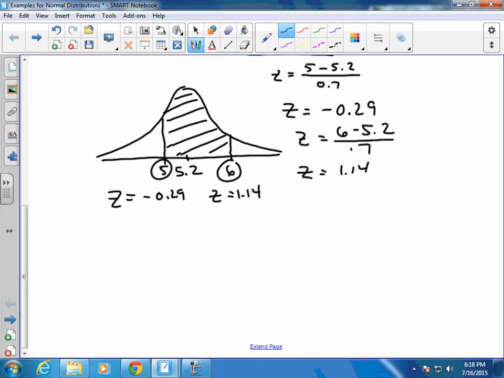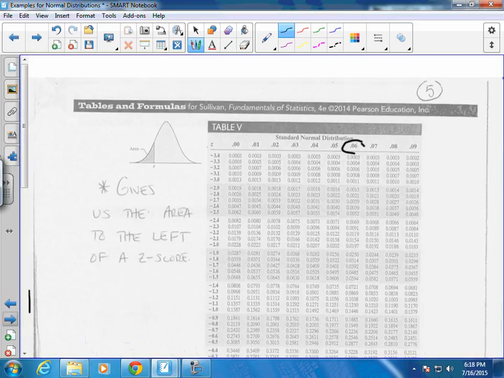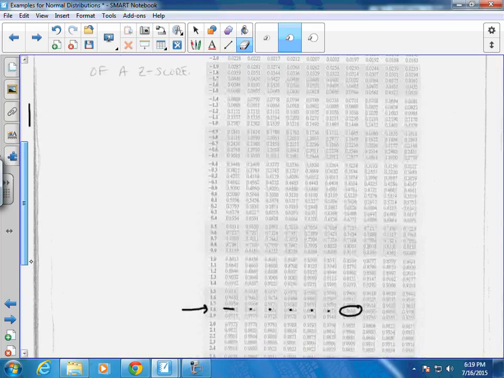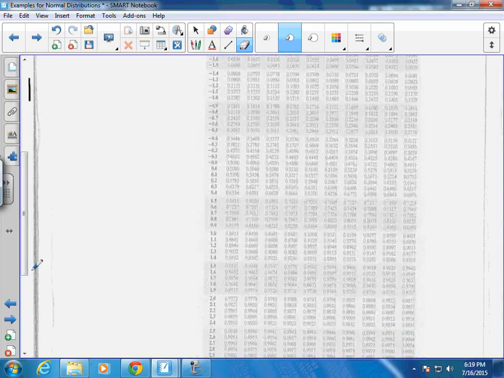Here's how we're going to do it for an area in between two z-scores. Take the data value that's farthest right and get the area from the table. So let's see. Let's get rid of the stuff we had last time.